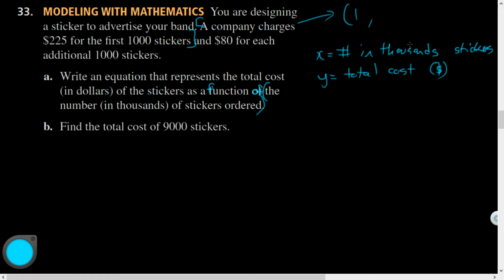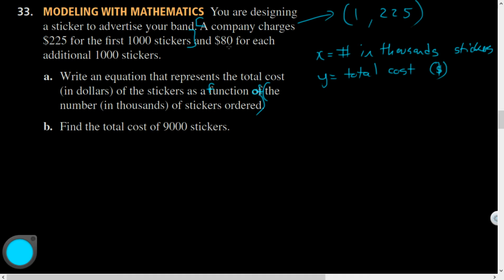Do you guys agree? Do you see why I'm not writing 1,000 there? I'm writing 1 because I'm measuring in thousands. And they're charging $225. So here's a point that my line passes through. Neither of those numbers represents the slope.